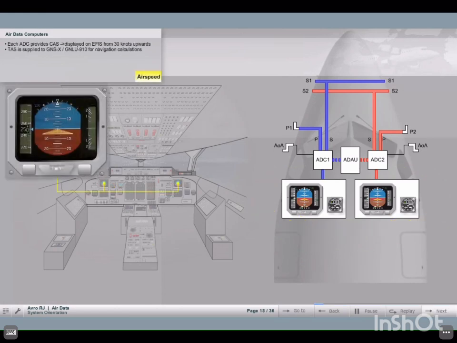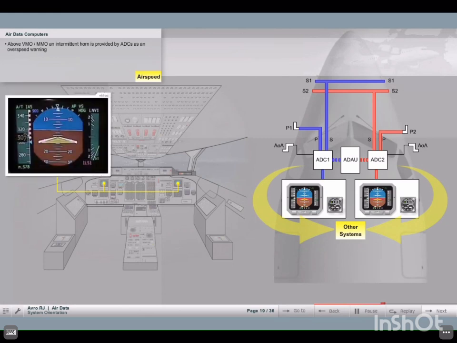Airspeed. Each ADC provides computed airspeed, calibrated for position error, which is displayed on the EFIS from 30 knots upwards. True airspeed is supplied to the GNSX or GNLU 910 for navigation calculations. Above VMO or MMO, the ADCs provide an overspeed warning and intermittent horn to accompany the EFIS visual indications.